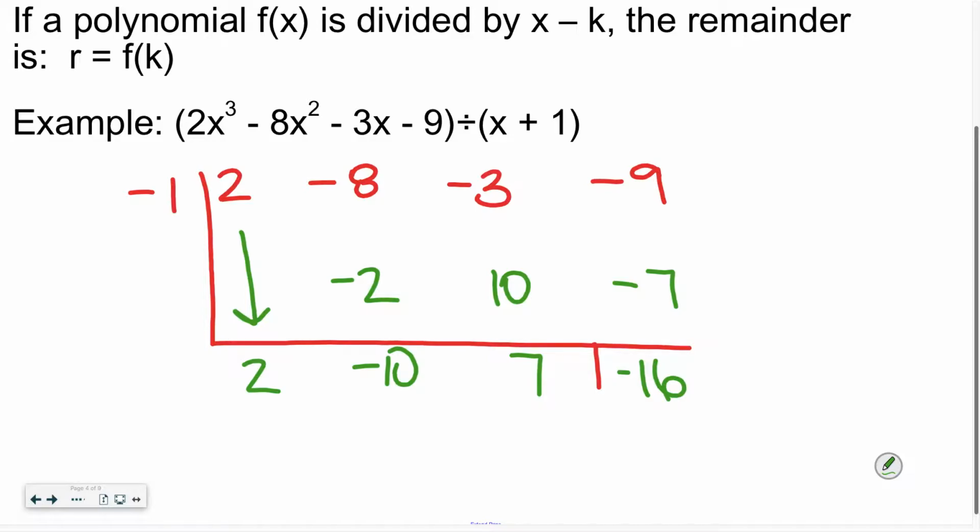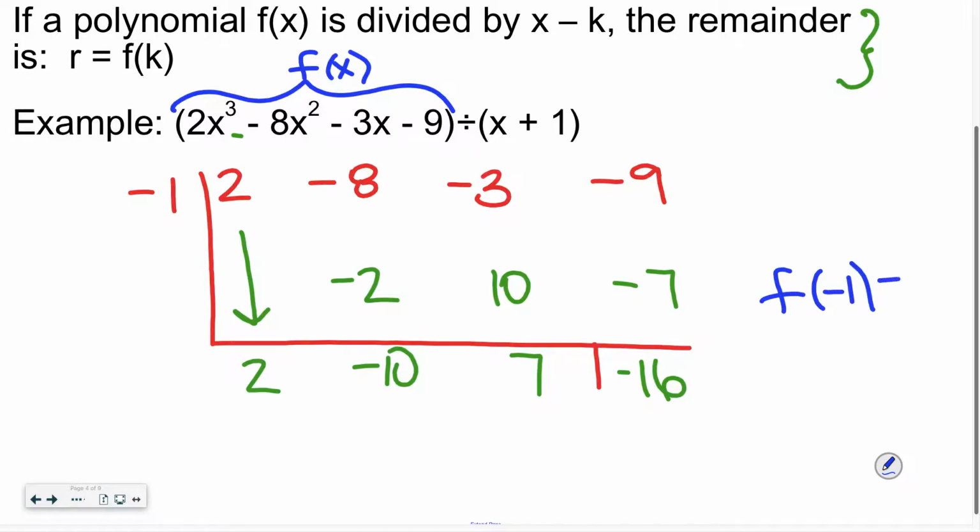Yes, we've taken a third-degree polynomial and divided it by a first-degree polynomial, so this is going to be a second-degree polynomial: 2x squared minus 10x plus 7 minus 16 over x plus 1. We know how to do that. However, what this is saying up here is that if we call this f of x, then what we just did is we found that f of -1 equals -16.